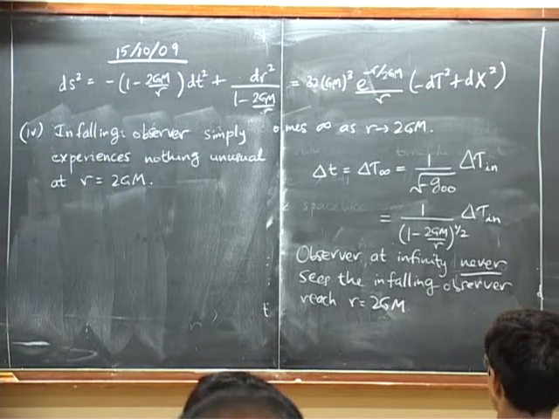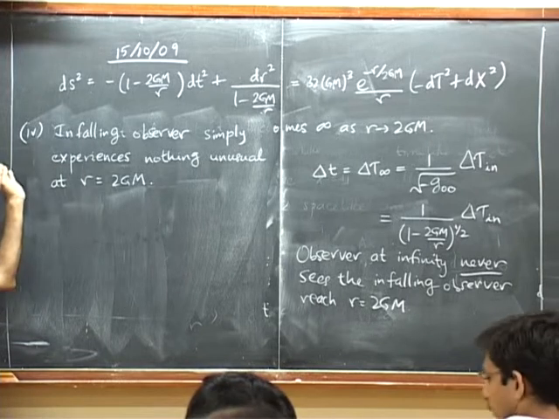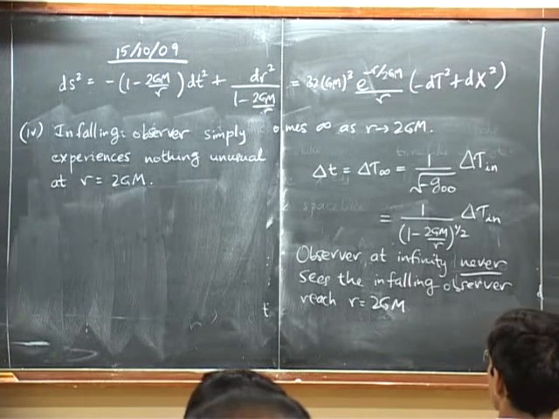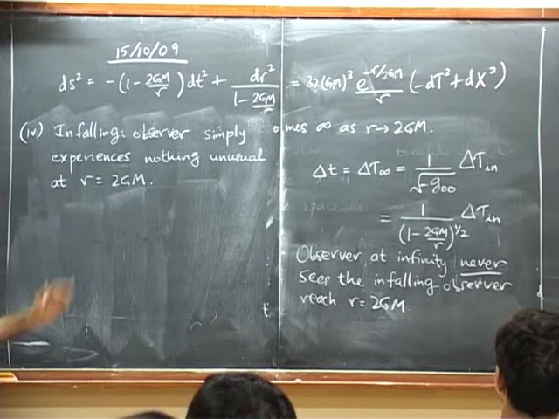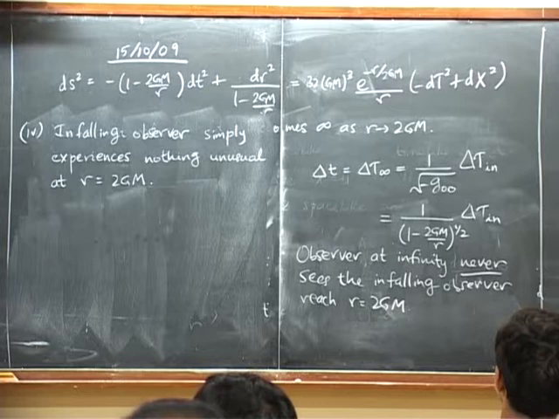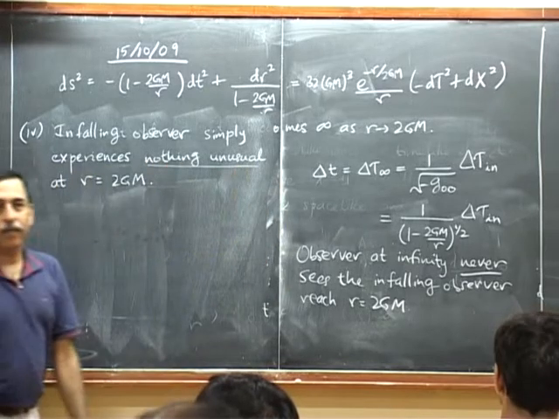And once he does that, then of course there's no problem, and he goes sailing through r equals 2GM without even ever being aware of this fact. There's no bell ringing or any event happening to signal this person's passing r equals 2GM, he just goes. That's what I mean by experiences nothing unusual.